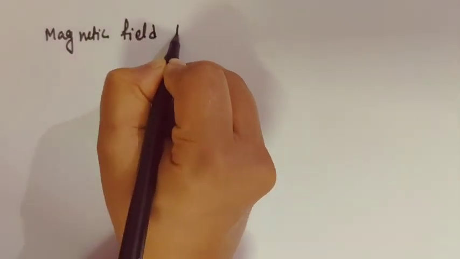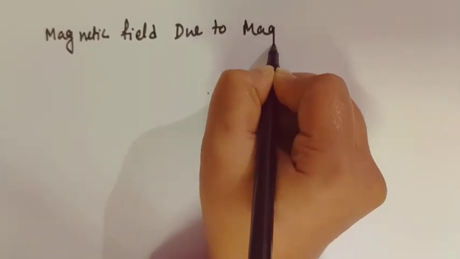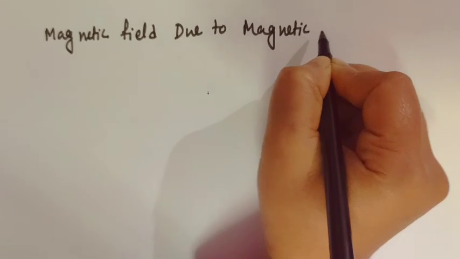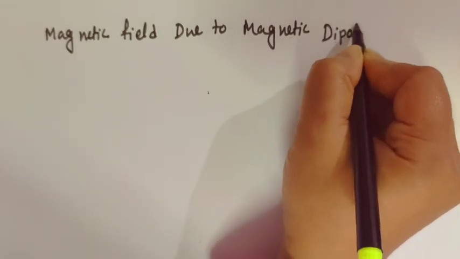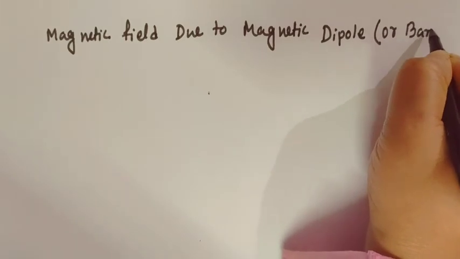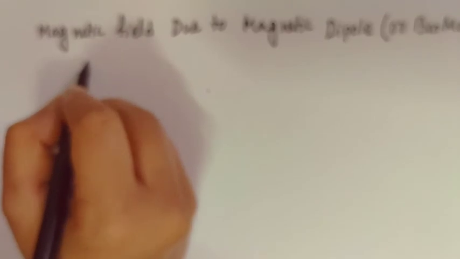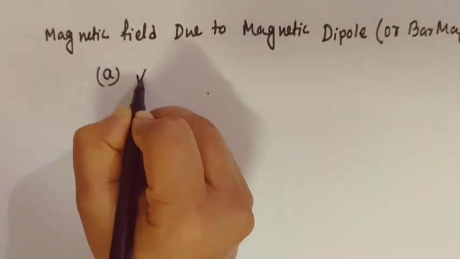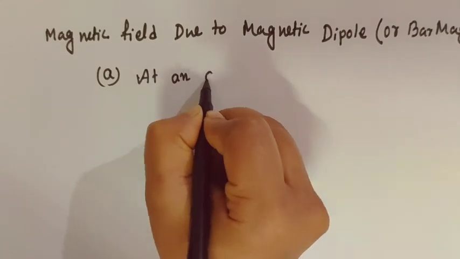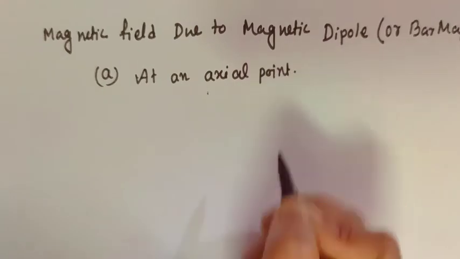Okay, now let's move on to our last topic, magnetic field due to a magnetic dipole or bar magnet. Suppose we are going to find it at an axial point.